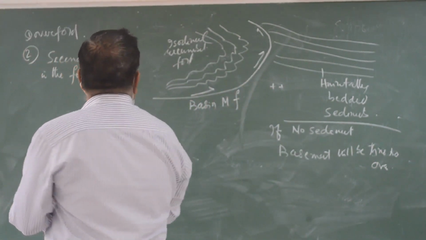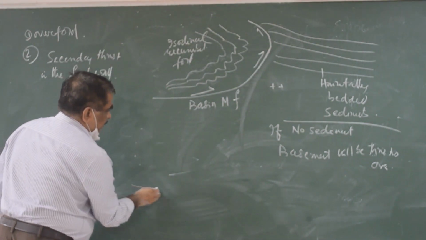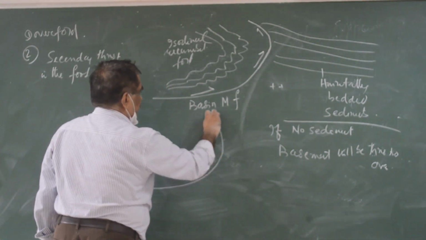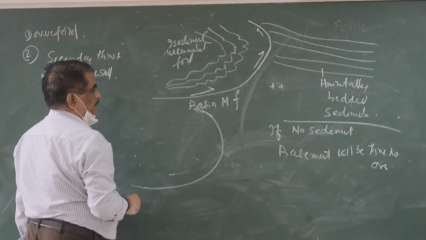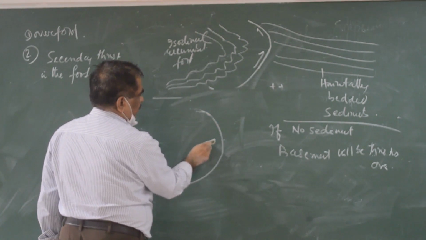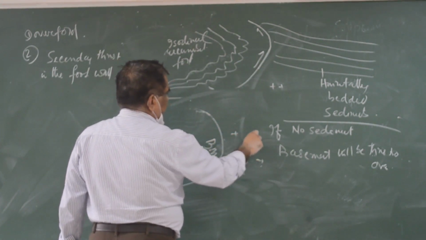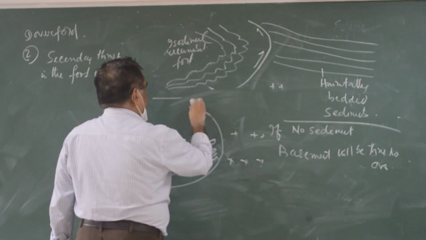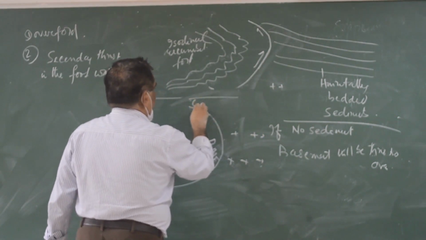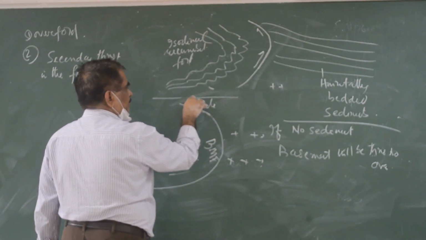It may so happen that, suppose the fault becomes inverted like this. This is the basin margin fault. These are granites. So the granite will occur now here. Granite will overlap the thrust.